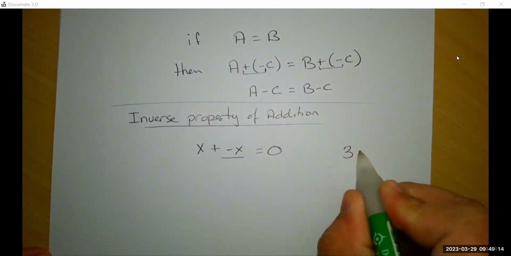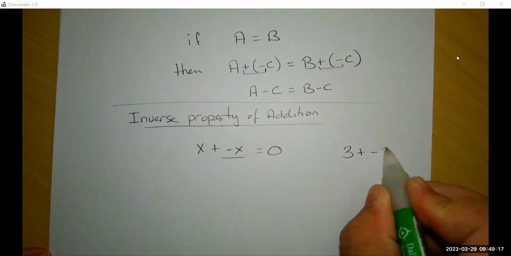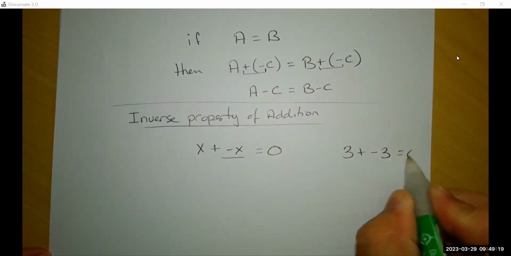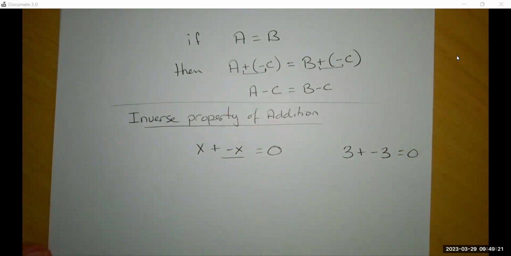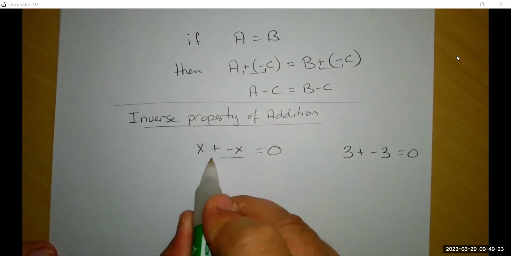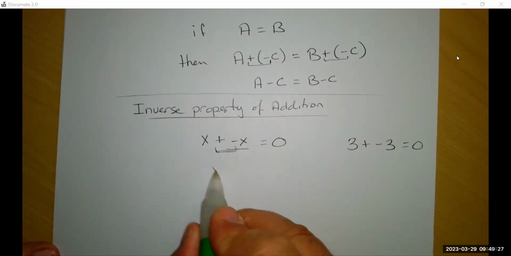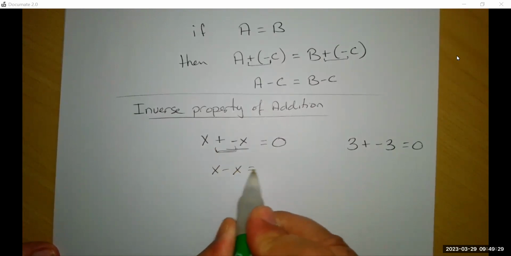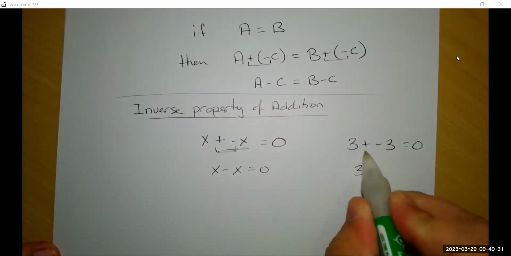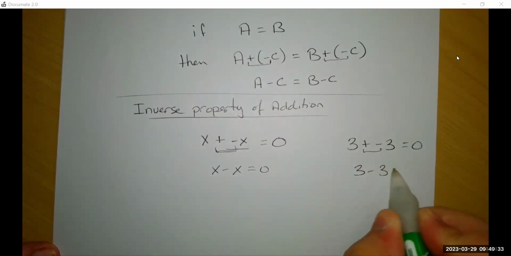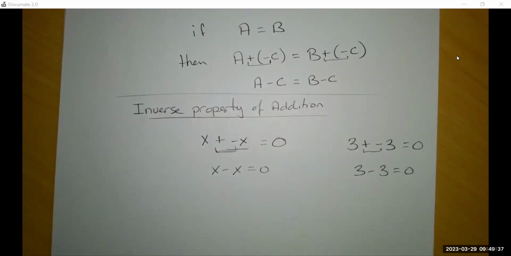So if I had 3, if I add a negative 3 to it, it would give me 0. Because again, we have two signs, so it's x minus x equals 0. 3 minus 3 equals 0. True. As long as those are true, we can solve linear equations.